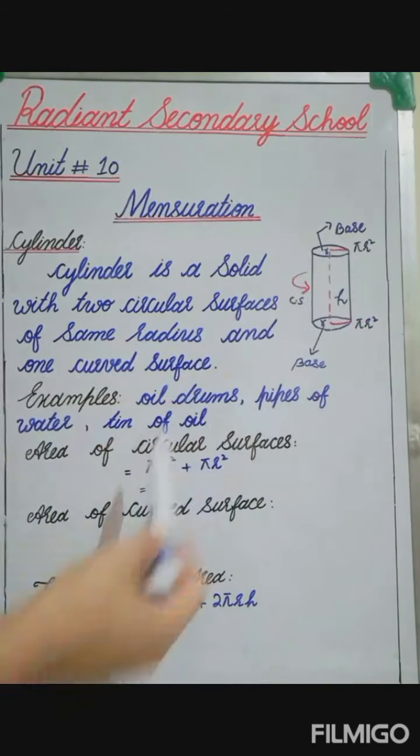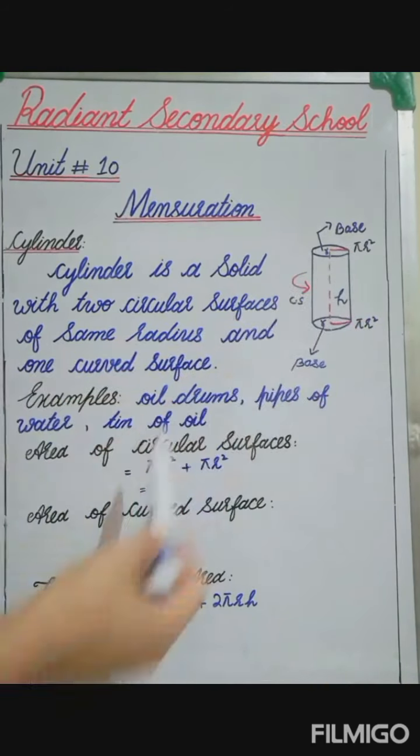Yes, 7 ones are 7, 7 threes are 21. Now 2 into 22, then we get 44. And 3 into 50, then we get 150. Now we'll multiply 44 into 150, then we get 6600 centimeter square. So the area of curved surface is 6600 centimeter square.